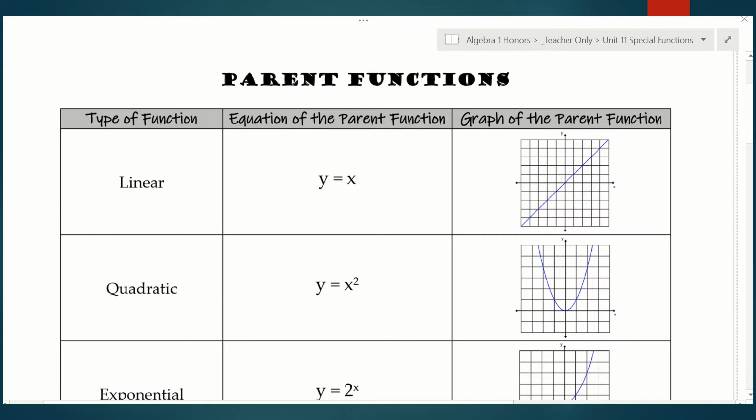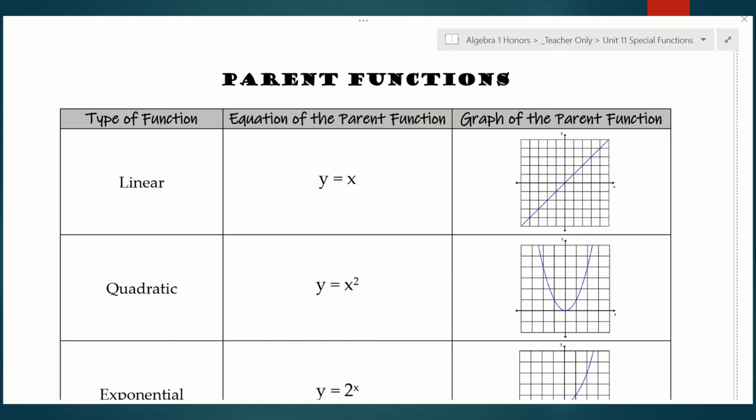You might be wondering why we care about parent functions, and really the reason is because as soon as you start changing numbers within the function, it changes what the graph looks like. For example, if I changed that equation to say y equals x plus 2, the function was shifted up 2 places because now the y-intercept is 2 and the slope is still the same.